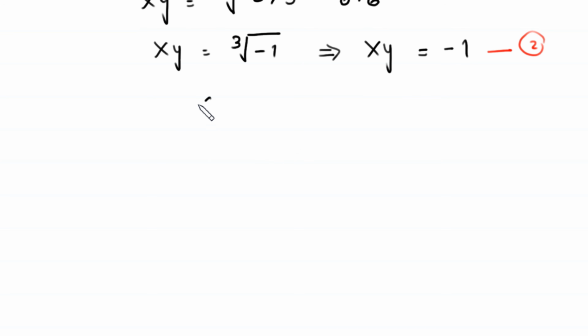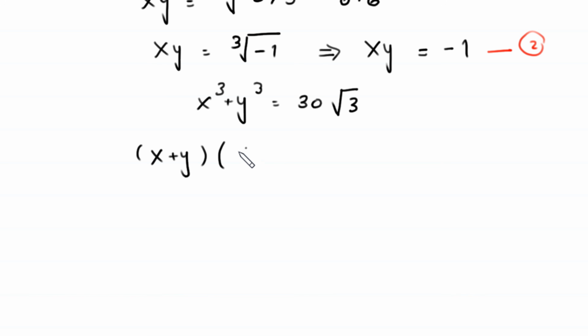Equation 1 is x cubed plus y cubed equals 30 times root 3. This x cubed plus y cubed can be factorized as x plus y times x squared plus y squared minus x times y, equal to 30 times root 3.